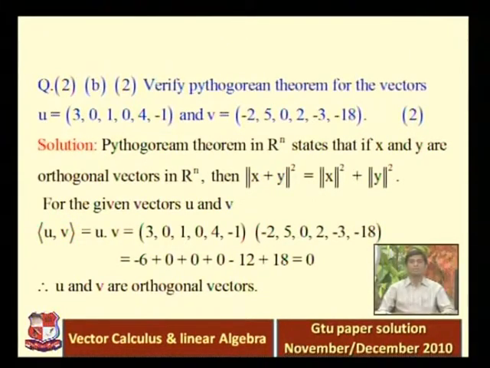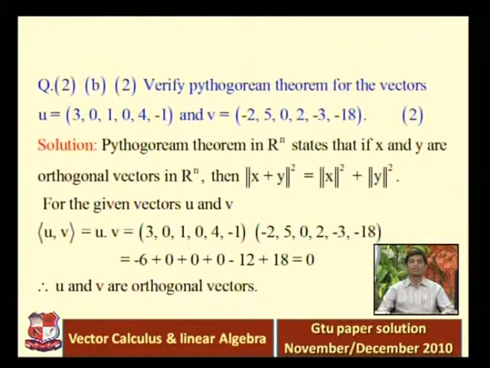Right? What is the Pythagorean theorem? In Rn, it states that if x and y are orthogonal vectors in Rn, then norm of x plus y, whole square, is equal to norm x square plus norm y square.